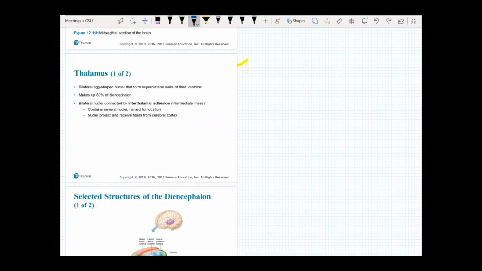When we're talking about the thalamus, this is the relay station for all incoming sensory information.